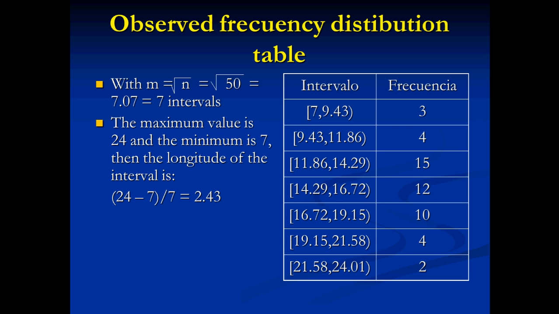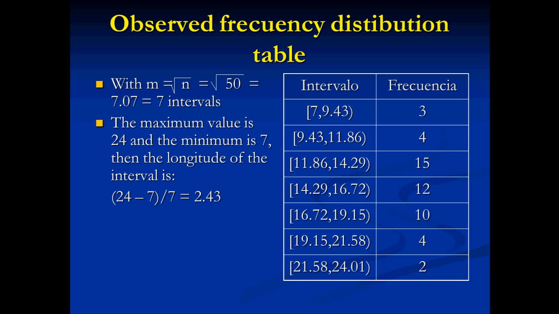Then we observe the data and we have the observed frequency. Between the values of 7 and 9.43, we have three numbers. Between 9.43 and 11.86, there are four numbers.